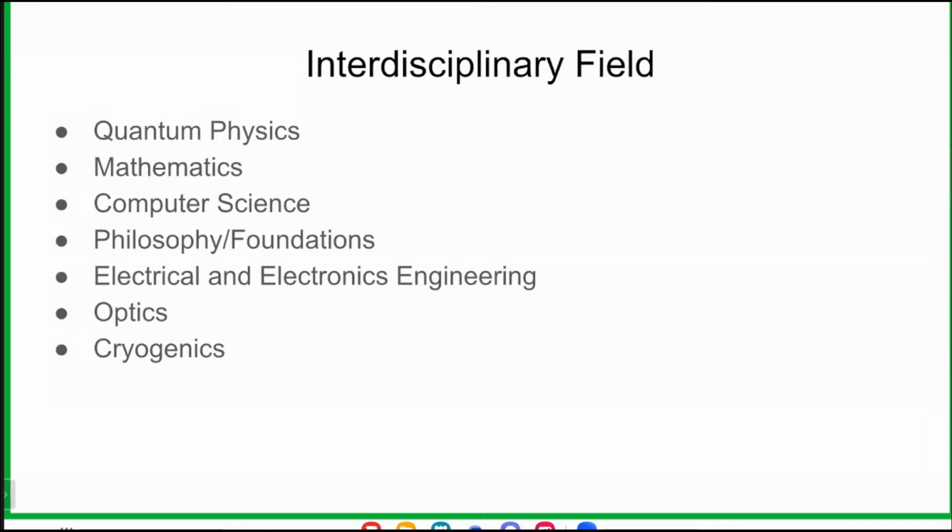Quantum physics is based on very abstract mathematics, and for algorithm development also, mathematics is very important. And then computer science. Computer science is needed in both the context of theory and experiments of the field.